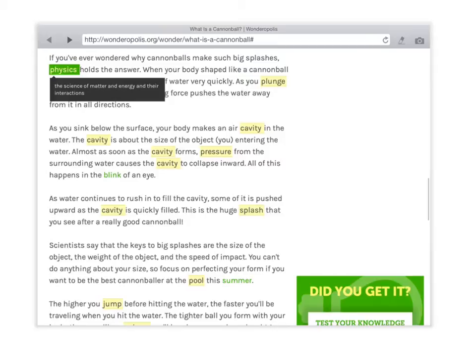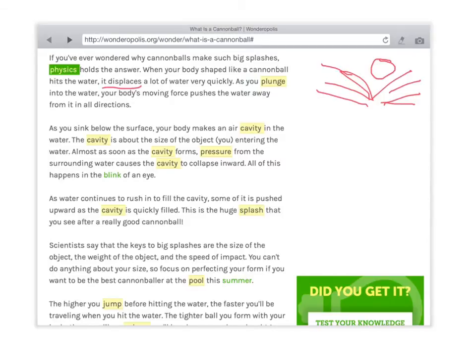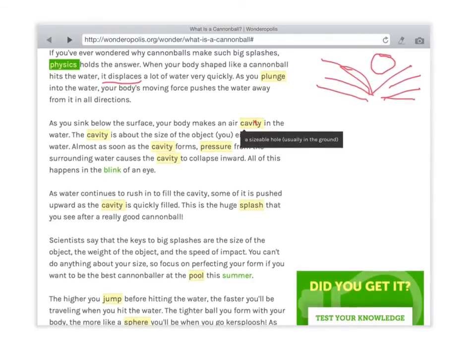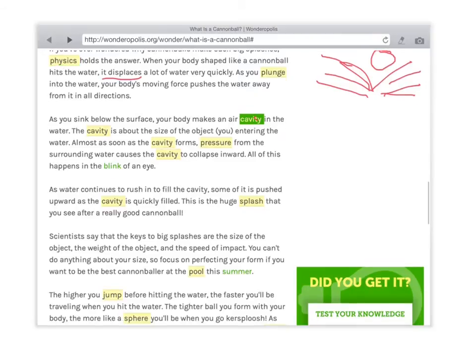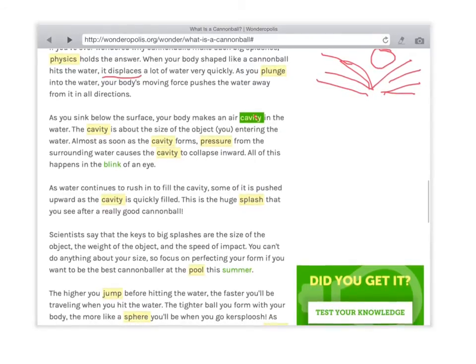Okay. As you sink below the surface, your body makes an air cavity in the water. Okay, I'm not sure what a cavity is. I know a cavity, when I have a cavity in my tooth, it's a hole. Oh, it's a sizable hole, usually in the ground.